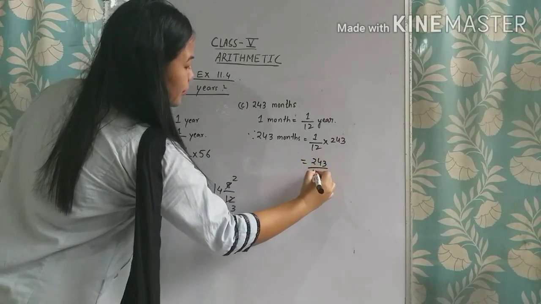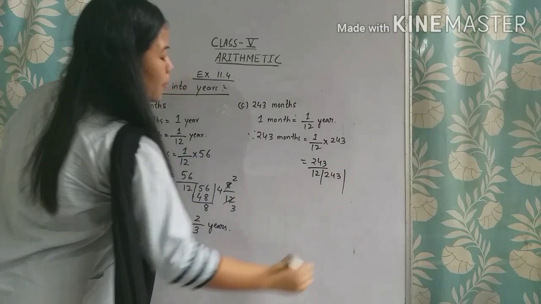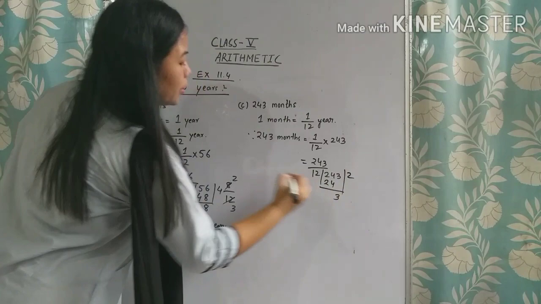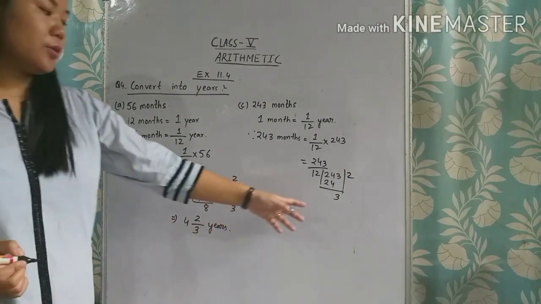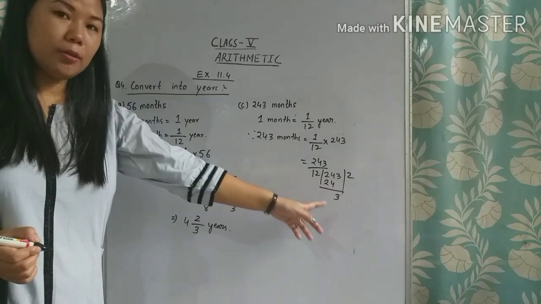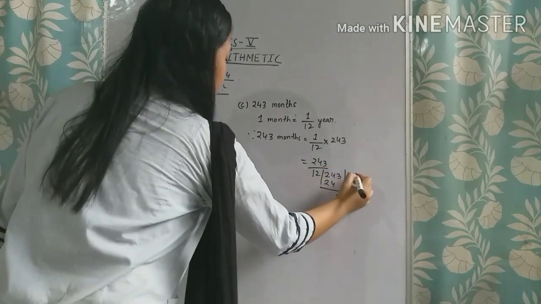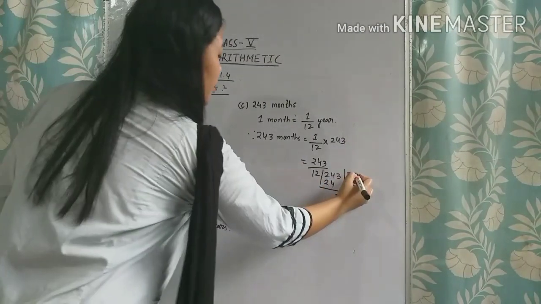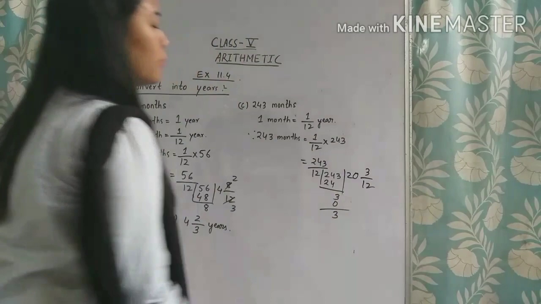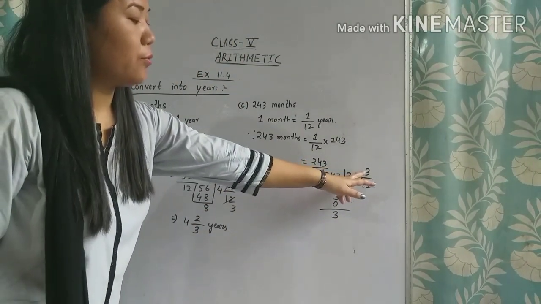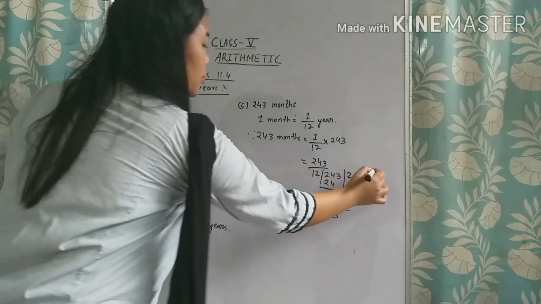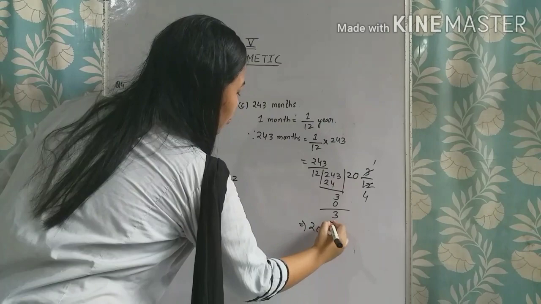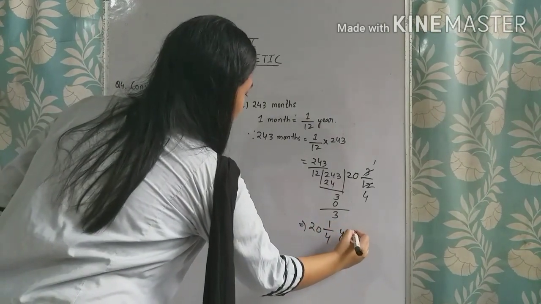So let us directly divide. 12 2s is 24. 3. Now, since 3 is less, it doesn't go with 12 also. So we will divide with 12 zeros is 0. Okay, so the remainder is 3. Now 20 whole 3 by 12. Now we can reduce 3 and 12. 3 ones are 3, 3 4s is 12. So the answer is 20 whole 1 by 4.